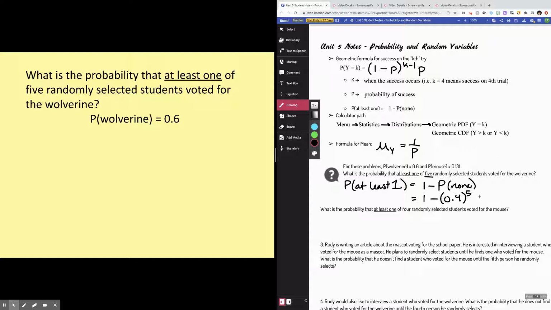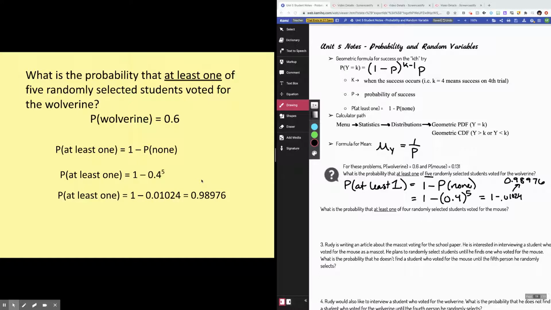Then when you calculate all of that, it's 1 minus 0.01024. So that final probability is 0.98976. Which makes sense, because we're saying at least one, so that's going to cover almost everybody, so that probability is going to be large.